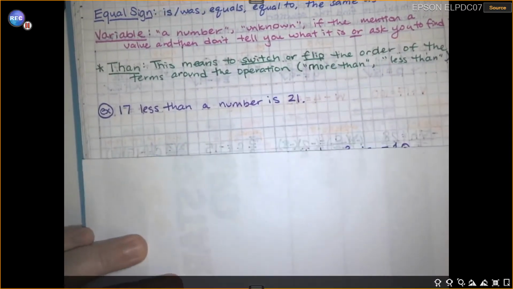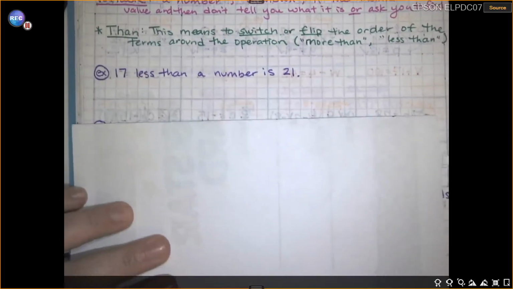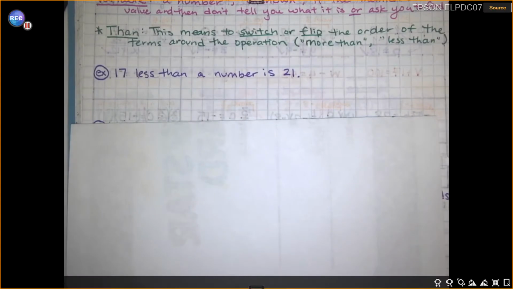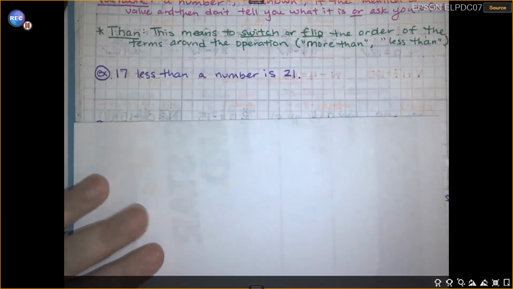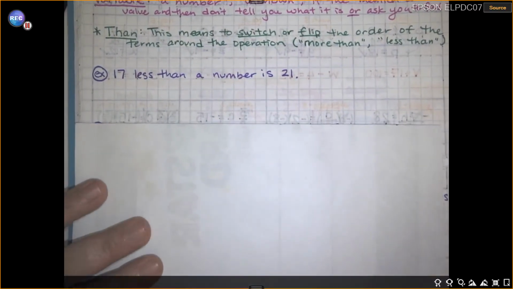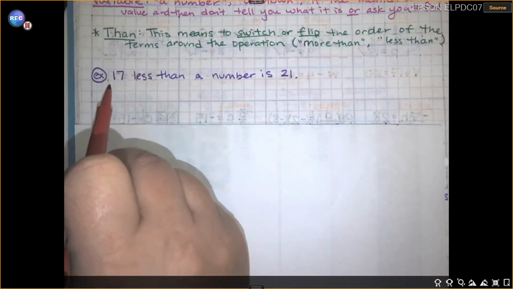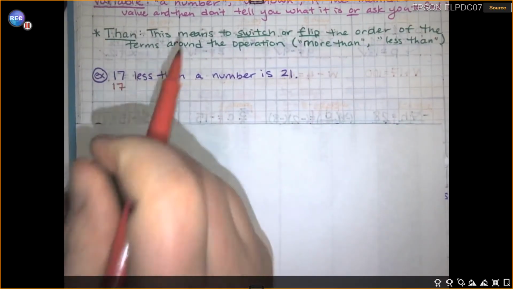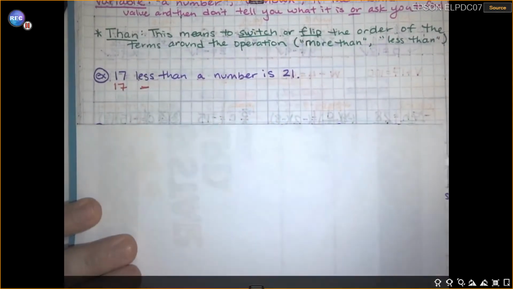What I like to think of this is literally like translating from another language. So this says 17 less than a number is 21. When you try and think of it in your head, it starts to get jumbled. But if we actually diagram this sentence, we have 17, right? Less means minus.